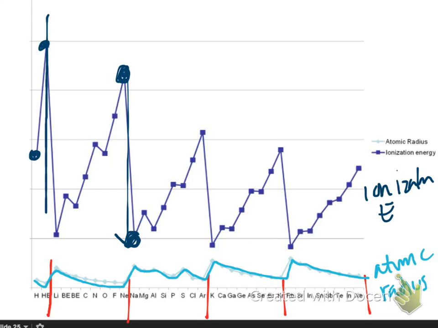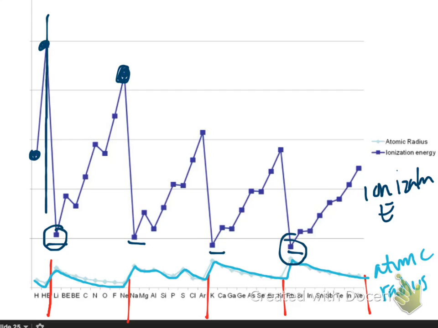But if you look at the ionization energy for the noble gas, what happens to it as we go that way? So if we compare the ionization energy for the group 1 element, if we compare lithium to rubidium, it drops.